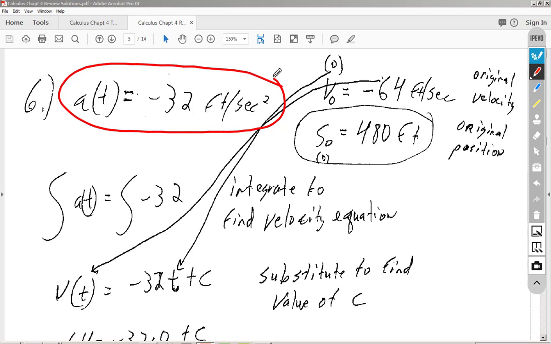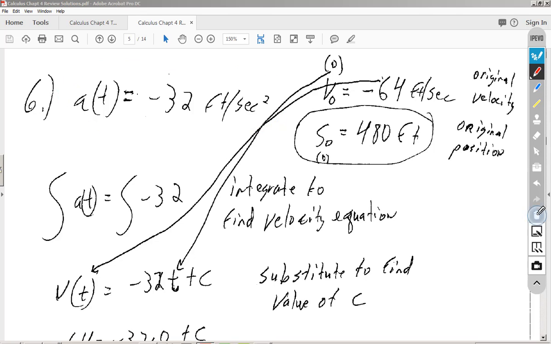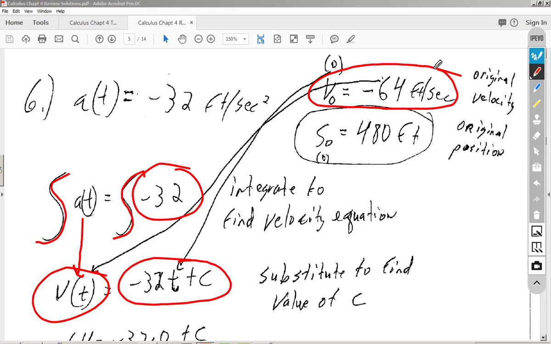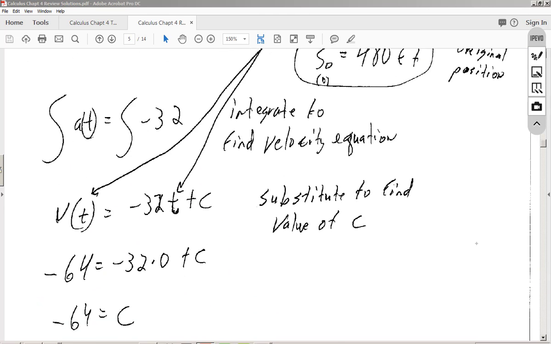Now when I go backwards with it and I integrate, that means that I'm going to end up with my velocity equation. So integrating my acceleration equation gives me my velocity equation. And then the integral of negative 32 is going to be negative 32t. I'm going to have that plus c. Well, since my original velocity given to me in my problem was negative 64 feet per second, when I substitute that in, I'm going to find out what my c value is.